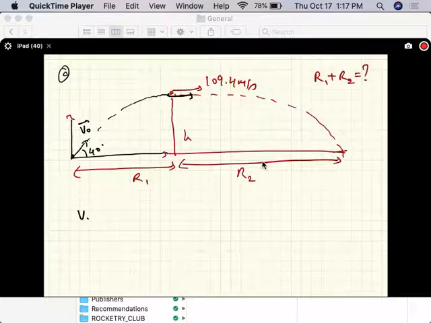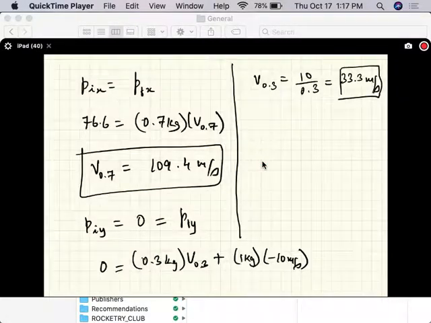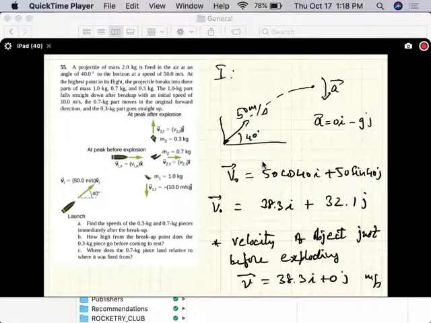V naught is 38 point, so the initial velocity is 38.3 i plus 32.1 j.